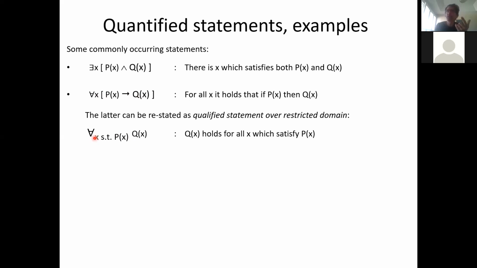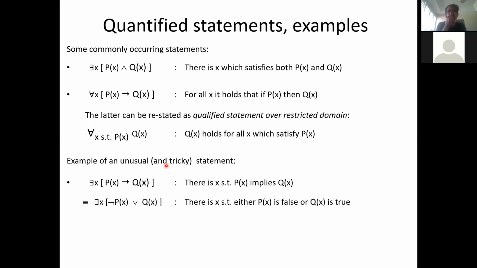This is just a different form. It's often used. And if you don't know how to think of this, you can think of this as a case of this. Here is a natural question.